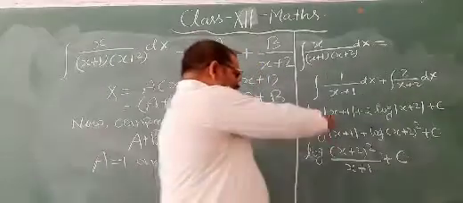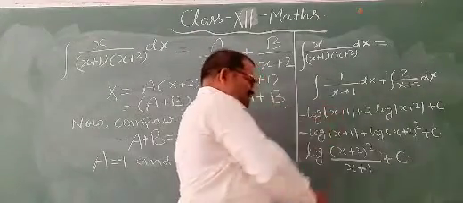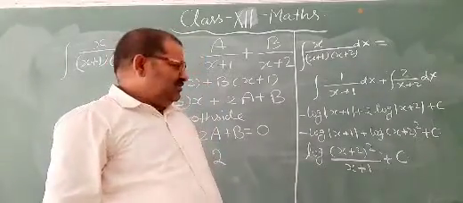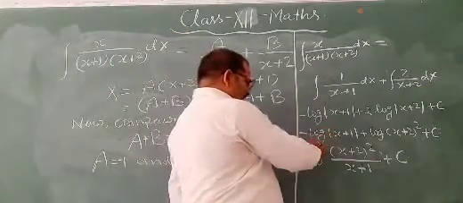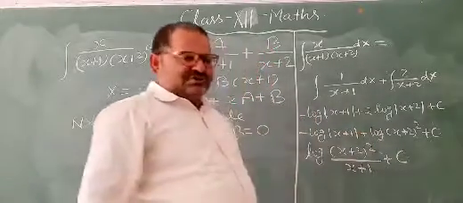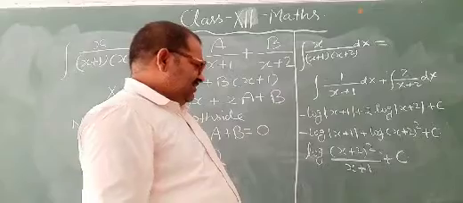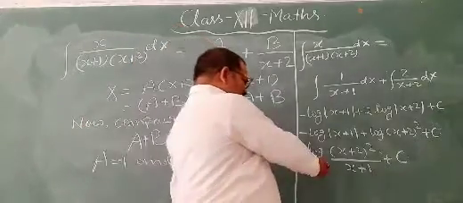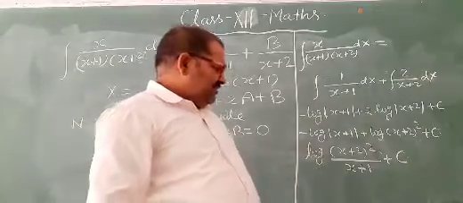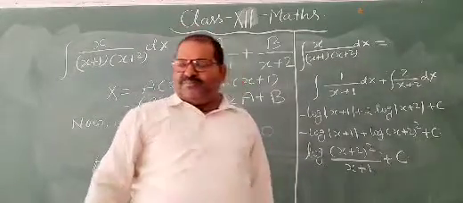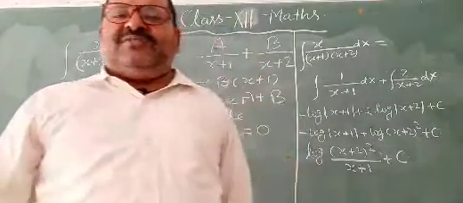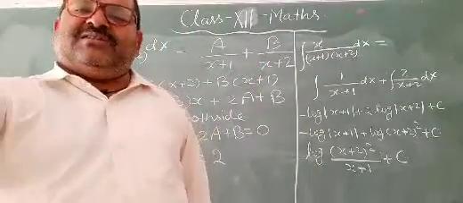This integration gives minus log(x plus 1) plus 2 log(x plus 2), which can be written as minus log(x plus 1) plus log(x plus 2) whole square plus c, and the final result is log of (x plus 2) whole square upon (x plus 1) plus c. This is the required result of the given partial fraction.